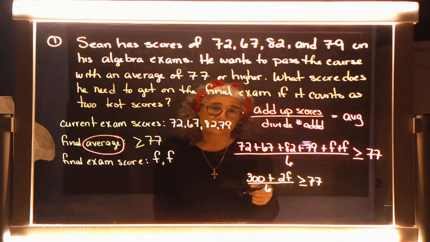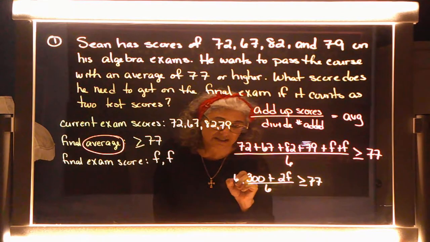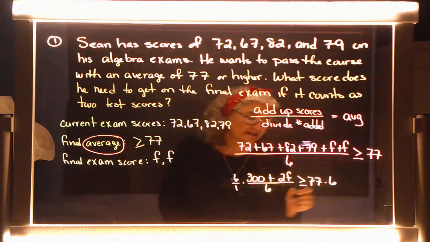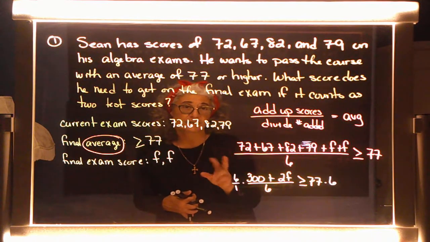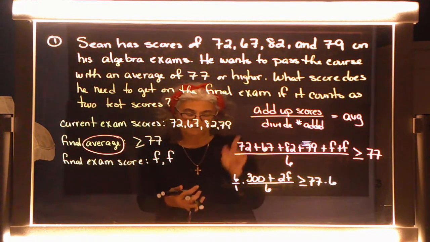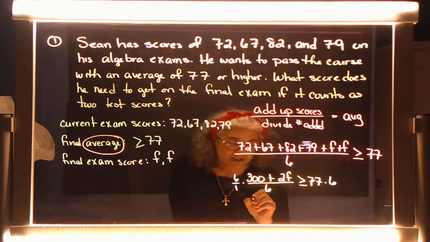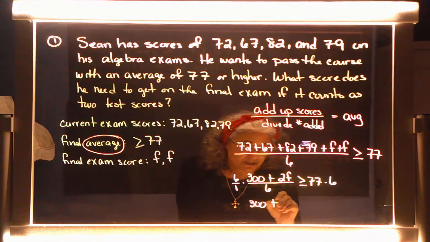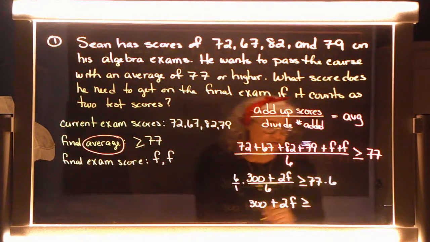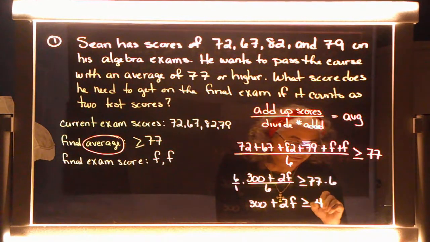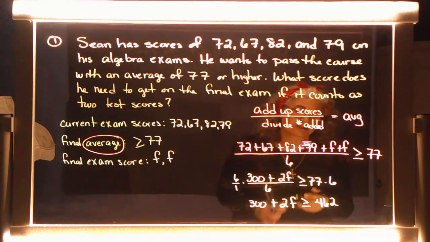I want to get rid of that denominator, which means we're going to multiply both sides by 6. It's a positive 6, isn't it? So do I have to flip the inequality sign? Nope. Good. So I end up with 300 plus 2F, greater than or equal to what? Good. 462. Everybody agreed?